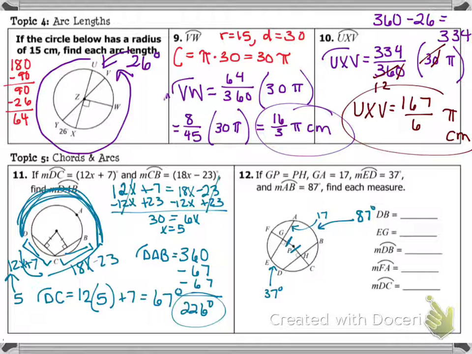It's okay, because I'm going to look here. I know 87 and 37 are taken care of. And then I know that this arc and this arc have to be the same, and that accounts for everything around the outside. So let's take 360 degrees and get rid of that 87 that we already accounted for and the 37.